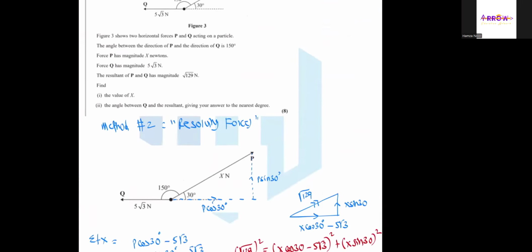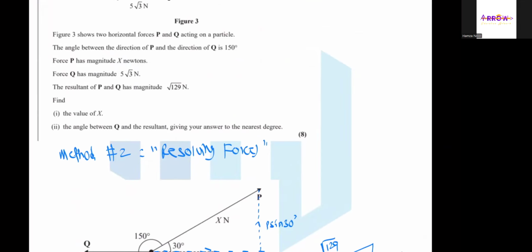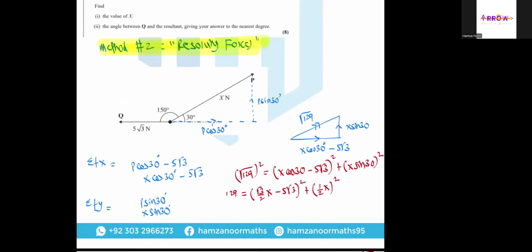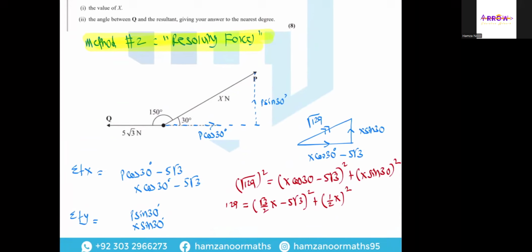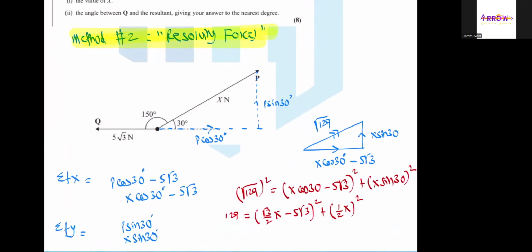Alternatively, what I did is this method, resolving forces into horizontal and vertical components. And obviously, we are going to get the same answer. First of all, I took the screenshot of the picture and brought it over here. Force Q is acting horizontally towards the left.